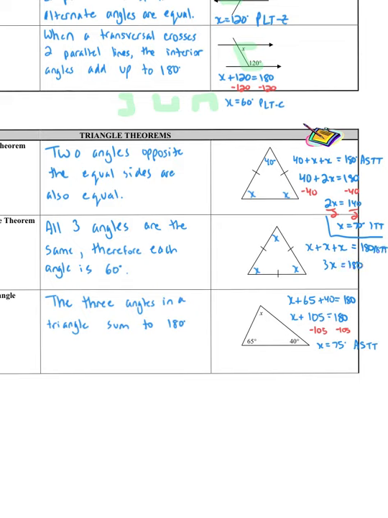So 3x equals 180 degrees, so just divide by 3. 180 divided by 3 is 60 degrees, and that is ETT. So for any equilateral triangle, no matter how big or how small the triangle is, if all 3 sides are the same, all 3 angles are the same, and they must always be 60 degrees, and that is because all 3 angles sum to 180 degrees.